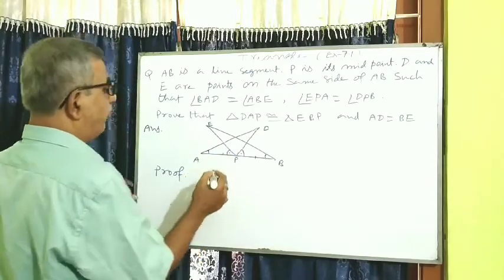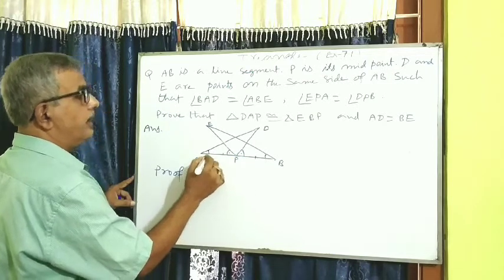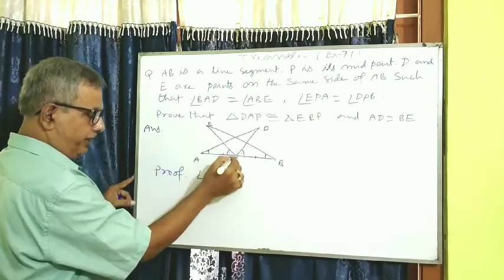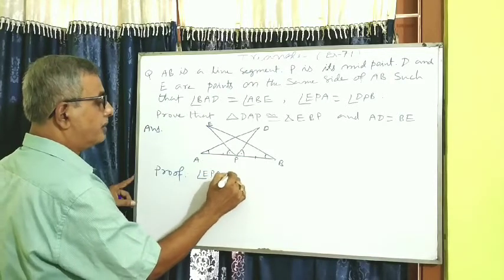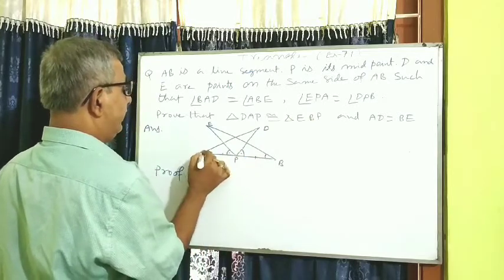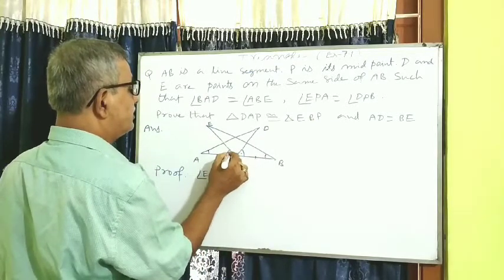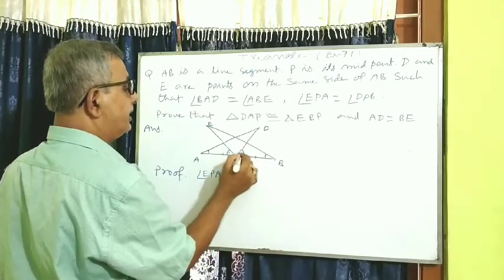So first of all you do one thing. Angle EPA is equal to which angle? EPA is equal to DPB. EPA means this small angle is equal to DPB, this small angle.